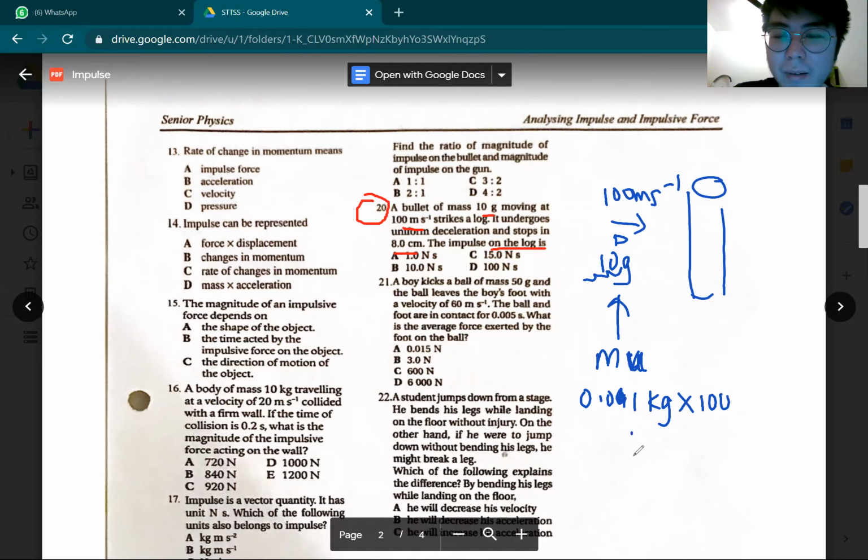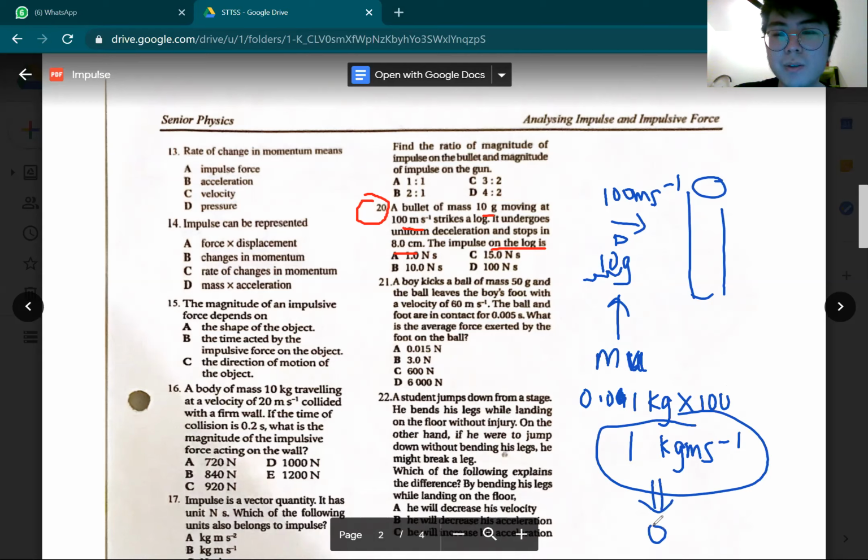So the momentum is 1 kg ms minus 1. This is the initial momentum, and after it strikes the log, it eventually stops, meaning that the momentum will become 0. So there is a change in momentum here, meaning that the change of momentum is 1. Okay, change of momentum is 1.